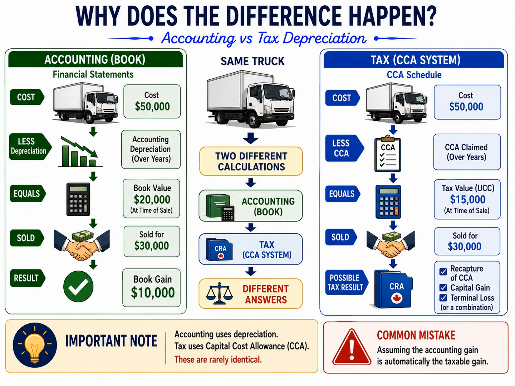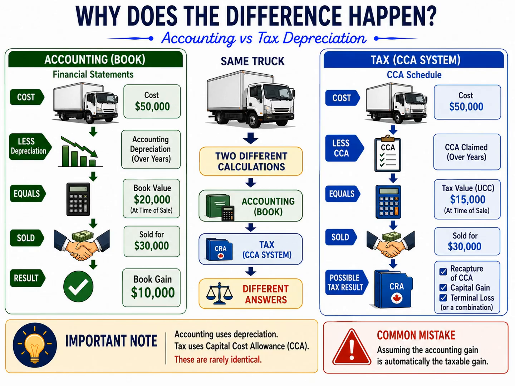Instead of simply reporting a book gain, the tax system may create a recapture of CCA, a capital gain, a terminal loss, or in some cases a combination of these outcomes. This difference exists because accounting depreciation and capital cost allowance are calculated under different rules and for different purposes.